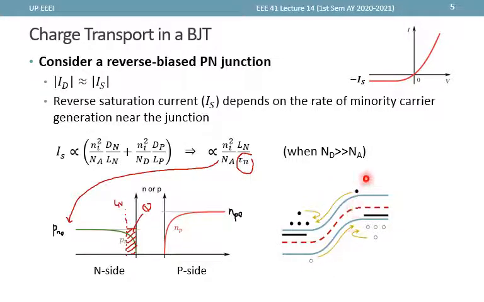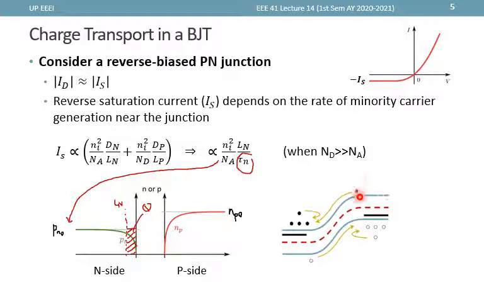And what actually feeds that is because since these carriers are drifting to the other side, then there must be lower carrier concentration on these portions at the edge of the depletion region, and by random thermal motion, carriers will diffuse nearer or will have a net movement towards this portion where there is a smaller carrier concentration.